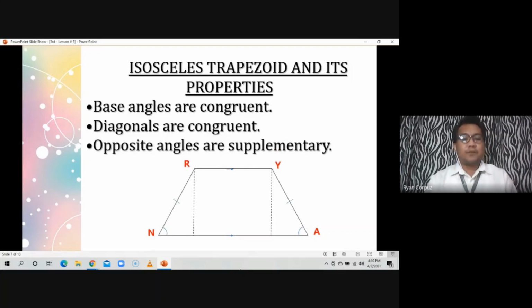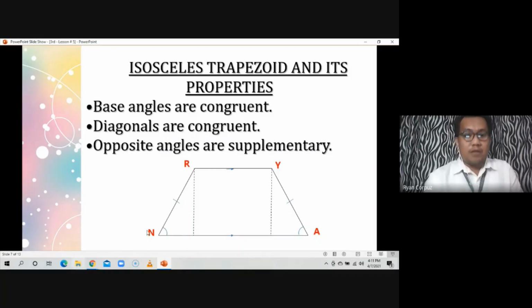And third, opposite angles are supplementary. Nasaan yun? Angle R, ang opposite angle niya ay angle A. While angle Y, opposite angle niya ay angle N. So when we say supplementary, if we add the measure of the two angles, it will be equal to 180 degrees.